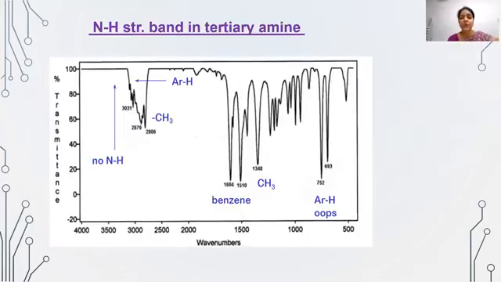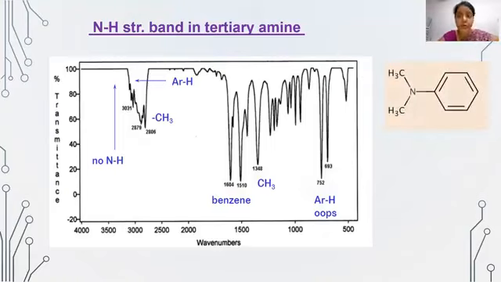In case of a tertiary amine, since there is no NH bond, there is no absorption in the range of 3300. The NH stretching band in a tertiary amine is totally absent.